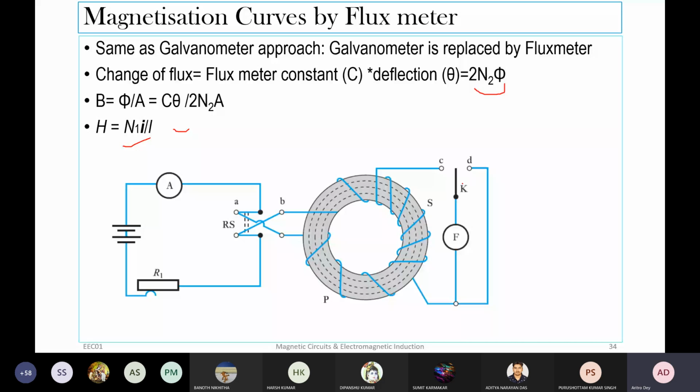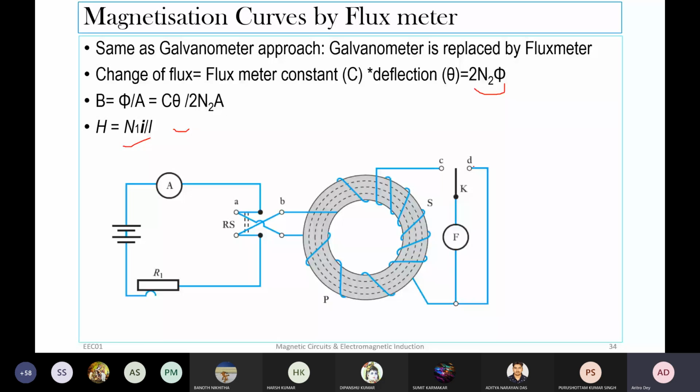Or you can do it with a DC or AC source, and if you gradually increase the magnetizing current using a resistor and note the output voltage, that also gives you an idea of the BH curve.